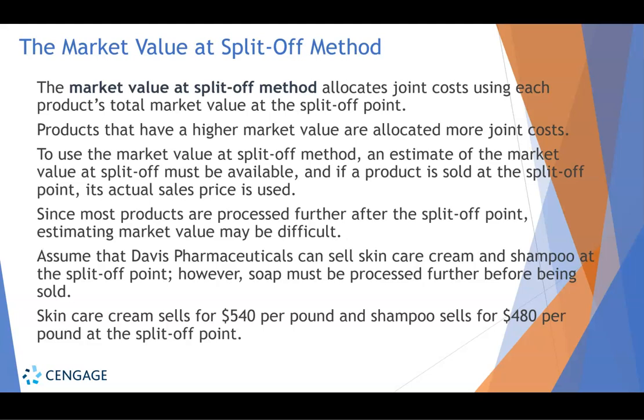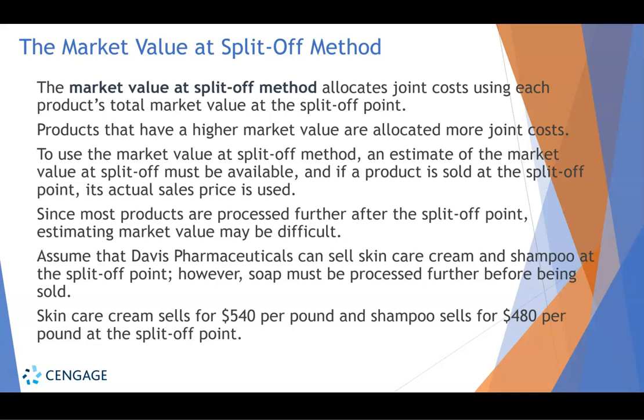And if a product is sold at the split off point, its actual sales price is going to be used. Because most products are processed further after the split off point, this is kind of hard to always estimate market value. But let's just assume here Davis sells the skincare cream and shampoo at the split off. Soap has to be processed further.